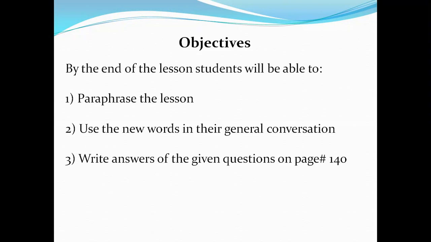By the end of the lesson, students will be able to paraphrase the lesson, means you will be able to tell the story or narrate the story in your own words, use the new words in their general conversation, means you will be able to use the new words in your own writing or speaking, and write answers of the given questions on page number 140. Means you are supposed to do the answers of the given questions.